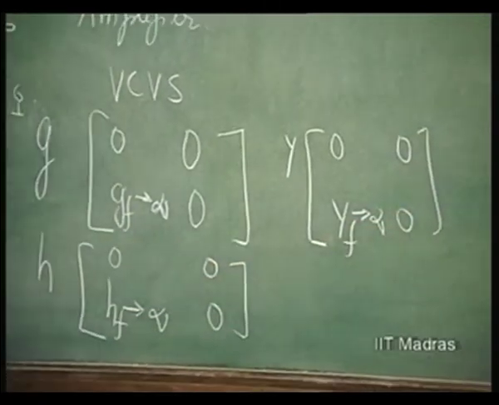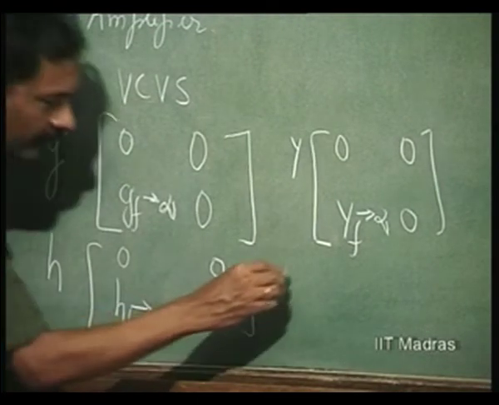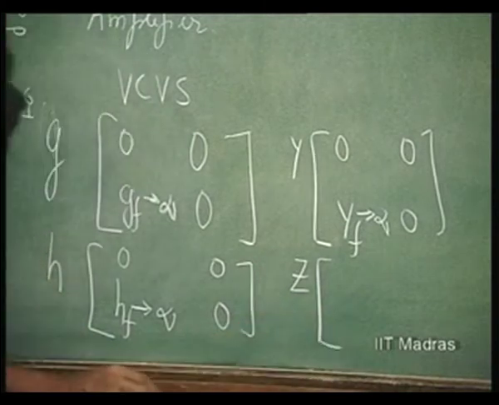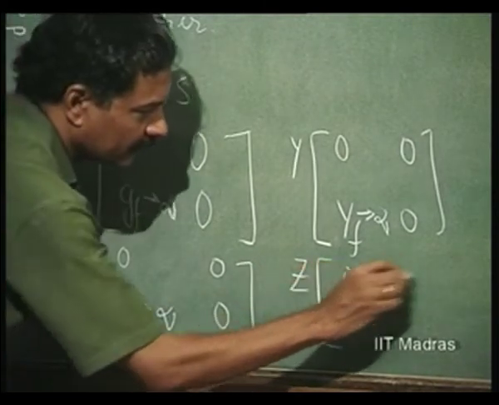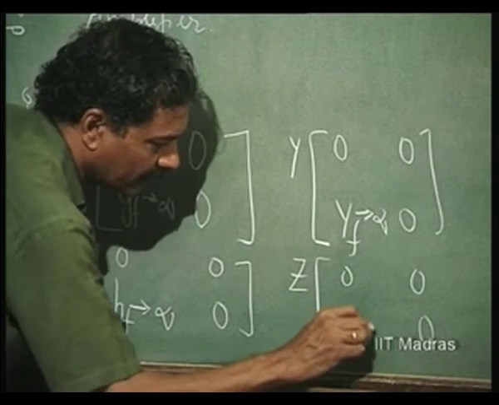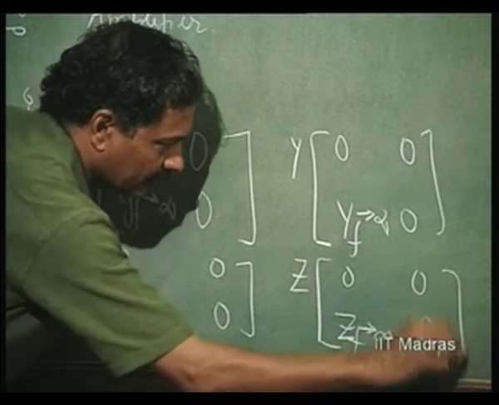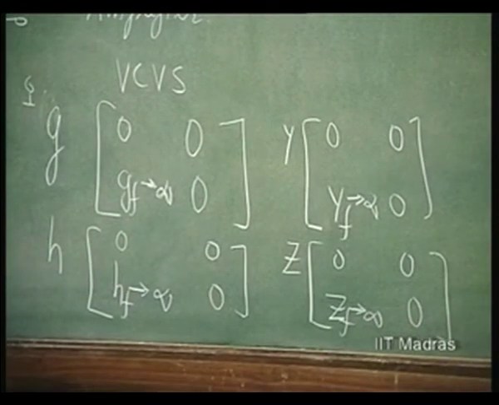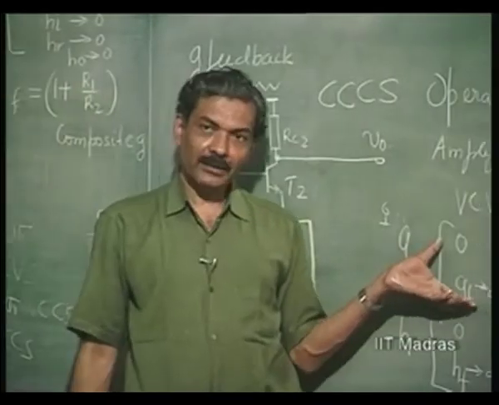If it is transresistor type of amplifier, that is the Z parameter is what is talked about, and here this is 0, this is 0, and this is 0, and it is Z F which goes towards infinity. So, these are the 4 types of op amps which can be made available. This is the popular one.